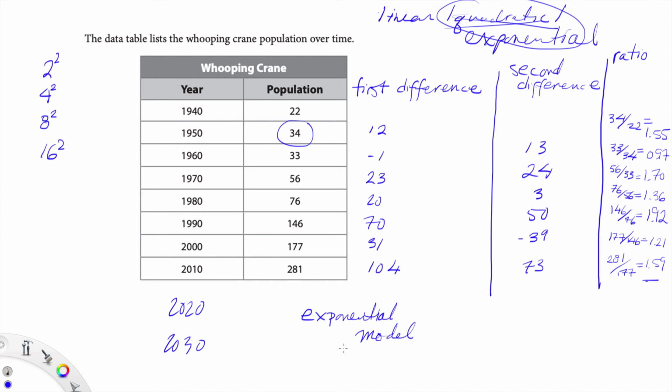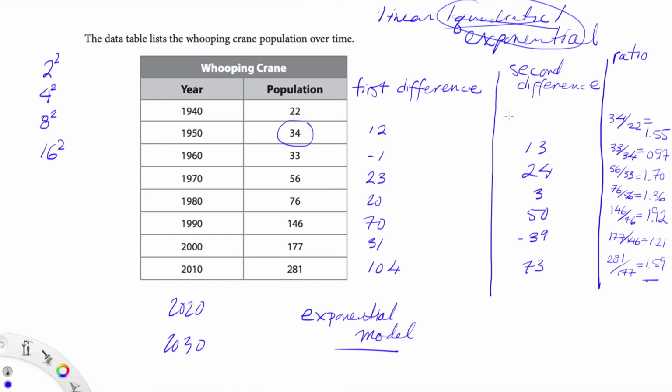So the procedure is you figure out the first difference. If you think it's linear, then all of these will go up by a linear amount, but they don't. So you think, okay, maybe it's quadratic. Then you calculate the second difference, and you notice that the second differences aren't the same, so you say this is not quadratic.